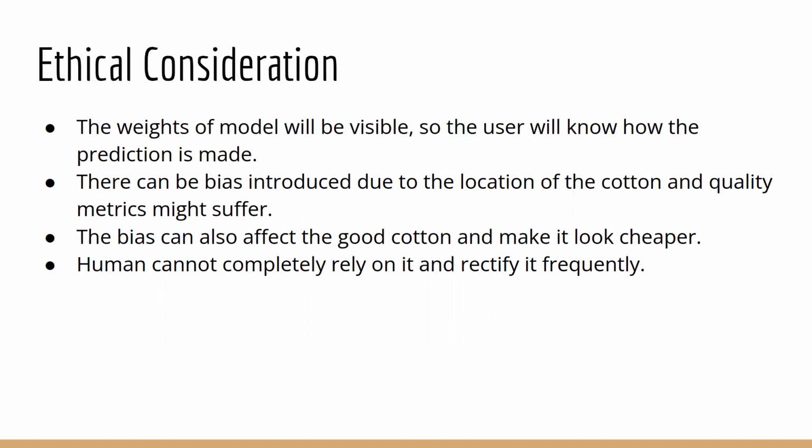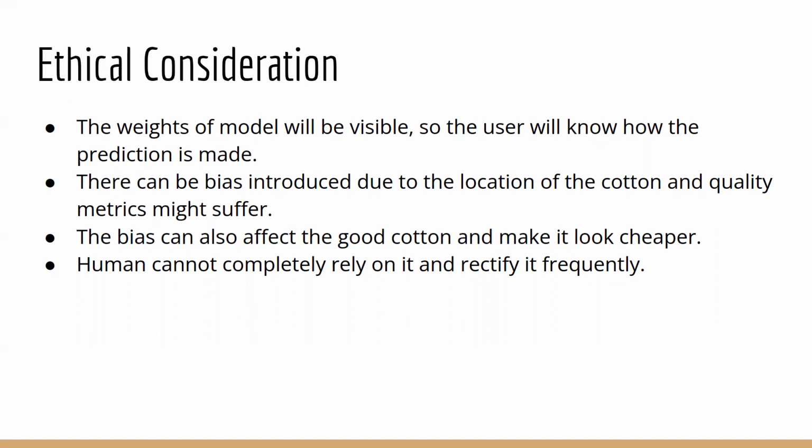So that's also a bias that has to be looked at, and the model cannot be blindly trusted. So this type of bias, and there can be other biases that can affect good cotton and make it look cheaper, and vice versa, making bad cotton look expensive. So it's going to affect the buyer in any case, or the seller in the case of good cotton.